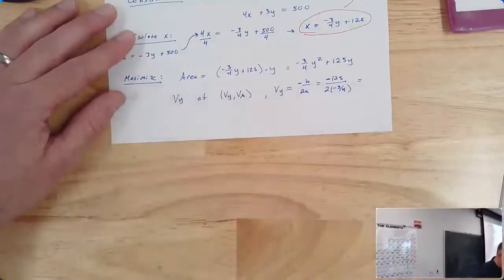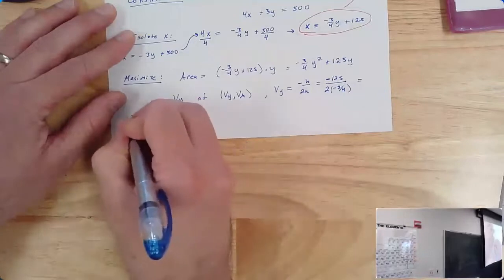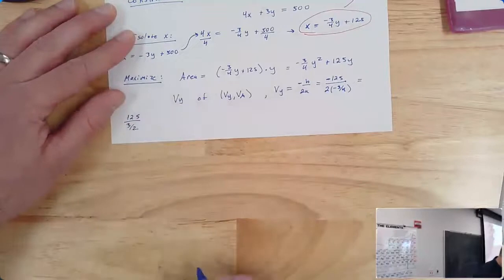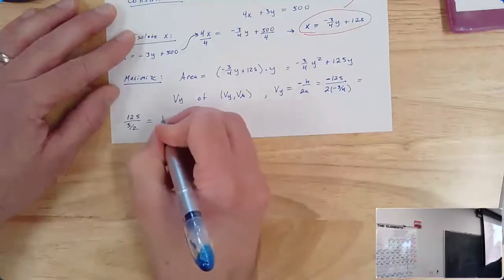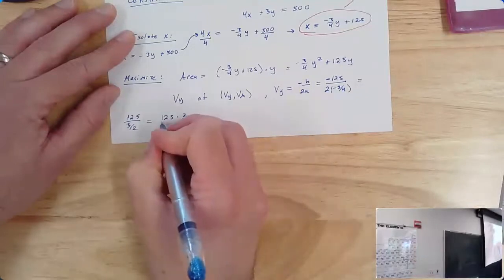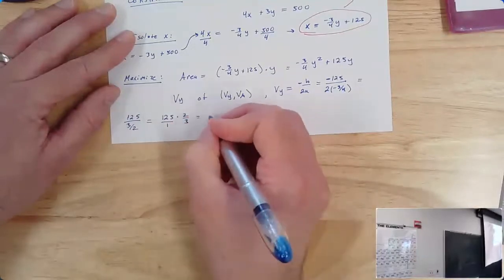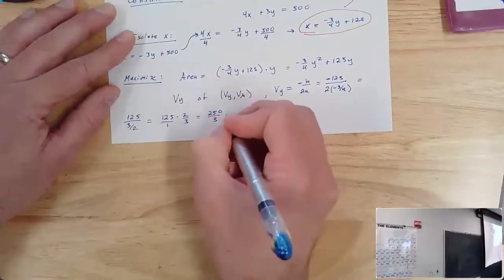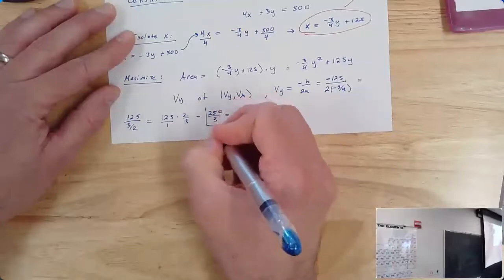The negatives will also cancel out. So let's say we've got 125 over 3/2, and then I'm going to flip and multiply. I get 125 times 2/3, which is 125 over 1 times 2/3, which is 250 thirds. And that is my Y value.